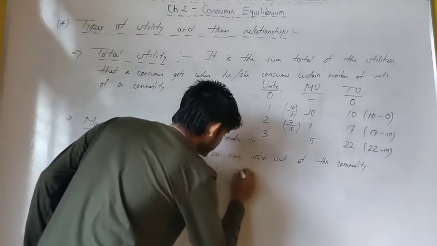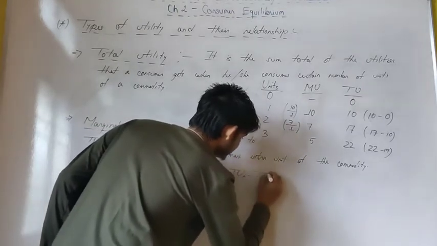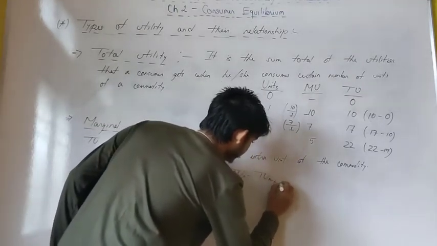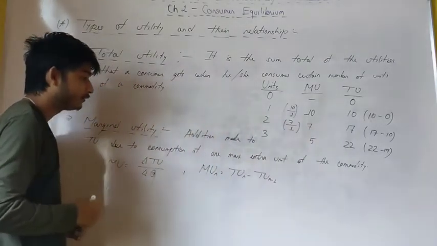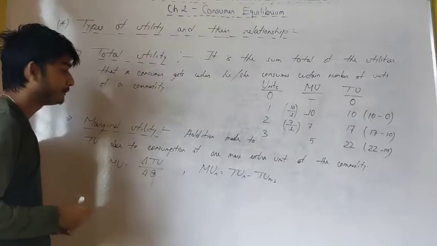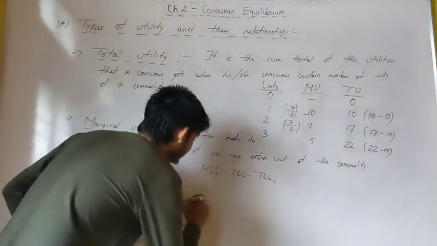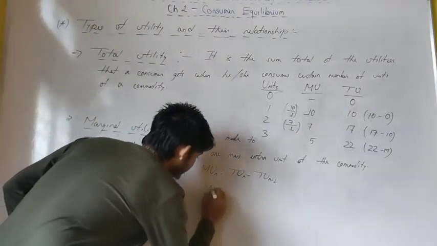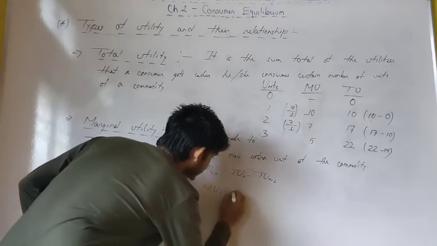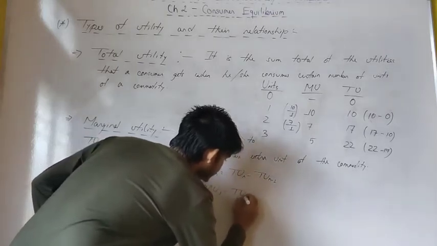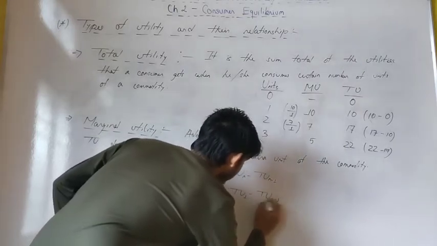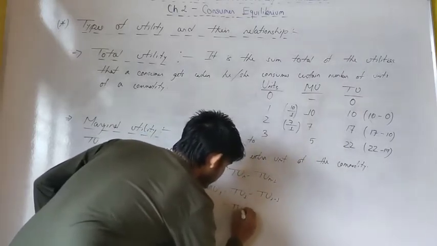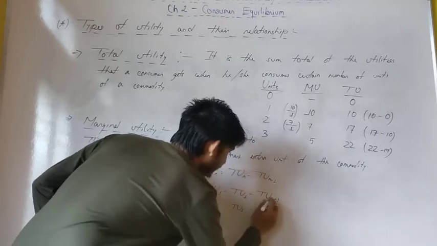MUn equals TUn minus TUn minus 1. Here n represents the number of the item for which we want to find out the marginal utility. If we want to find the marginal utility of the first unit, we will subtract TU1 minus 1, so TU1 minus TU0. 1 minus 1 is 0.